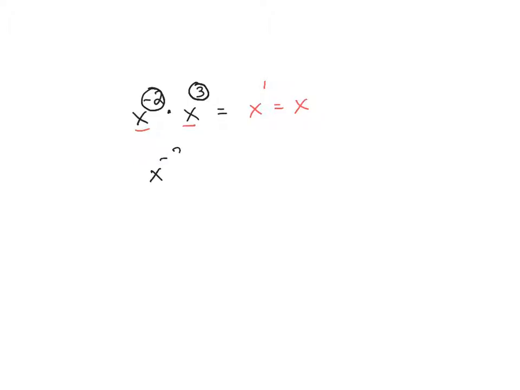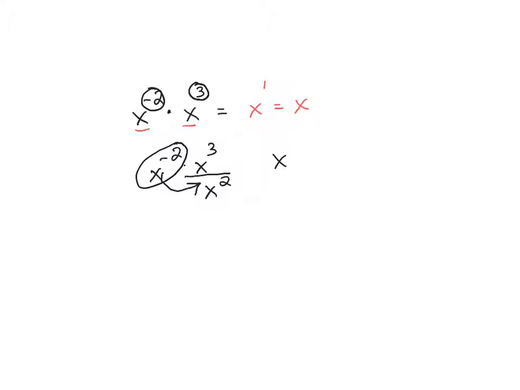Now, there is another way that I could do this. I'm going to rewrite the problem the way I had it, x to the negative 2 times x to the third power, and I see that I have a negative 2. Remember, anytime that you have a negative power, you could always move it down to the bottom. So the other thing that I could do is create a fraction, and I would move this down to the bottom and make it x to the positive 2.